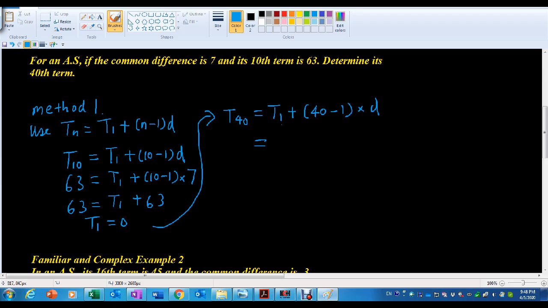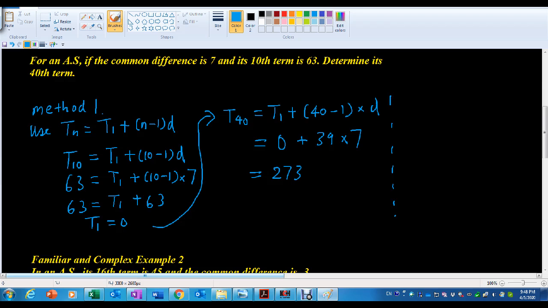T1 is 0, so that's 39 times d, and d is 7. So that's 273. That's method 1. For method 1, you still need to use our previous explicit rule starting from T1.